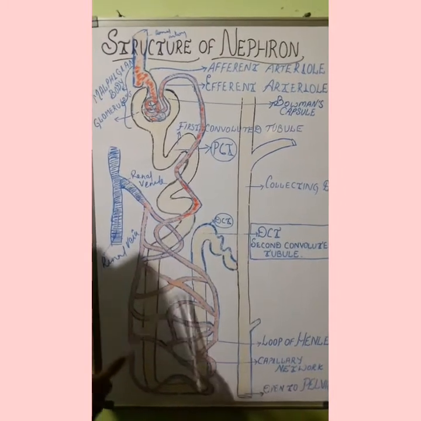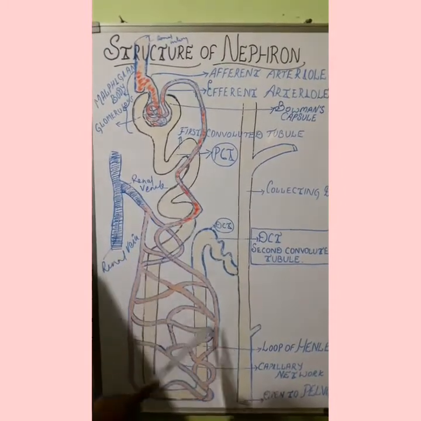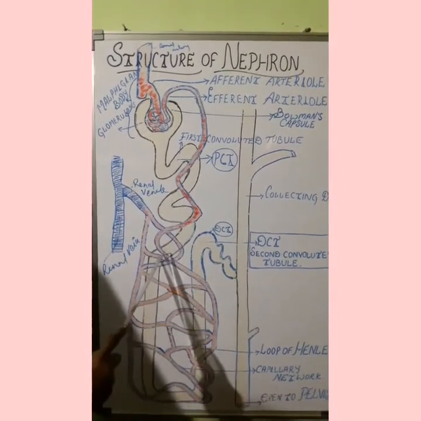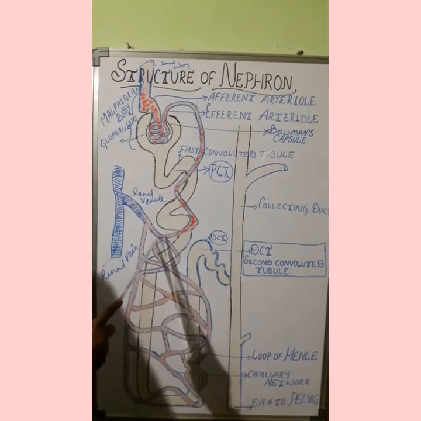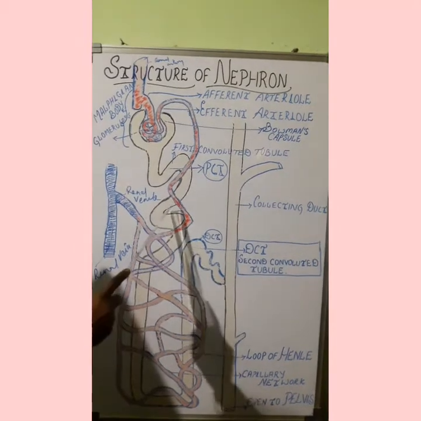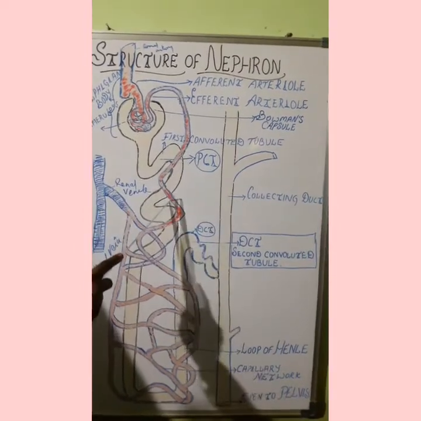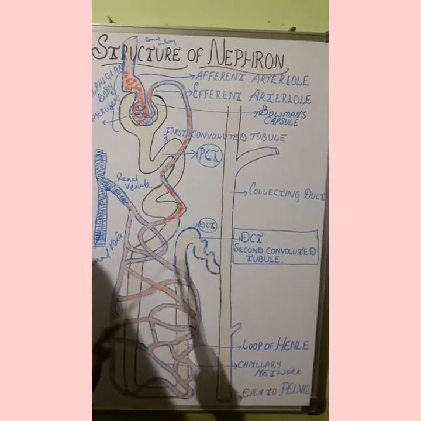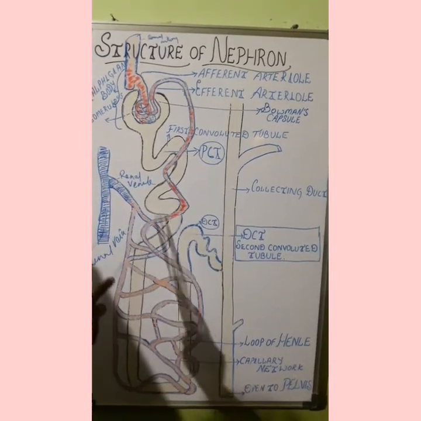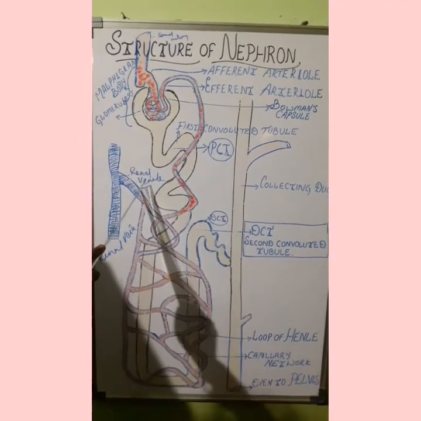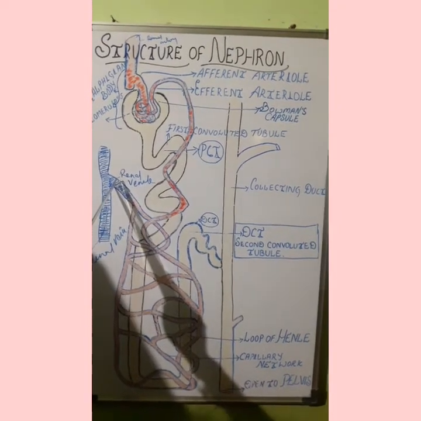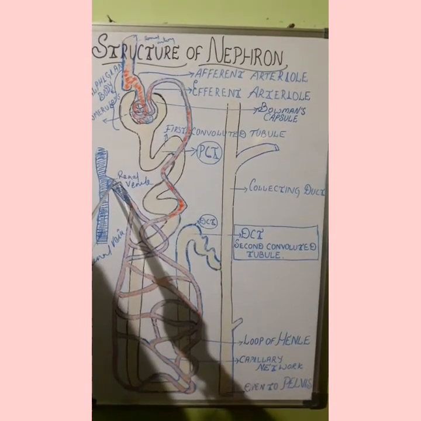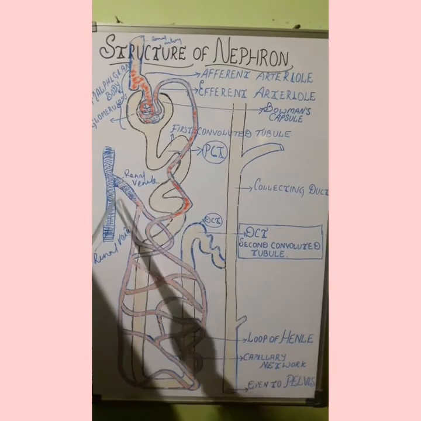All parts of the renal tubule are covered by the network of capillaries called peritubular capillaries from the efferent arteriole. The peritubular capillaries join to form a renal venule, which joins the other venules to form finally a renal vein.